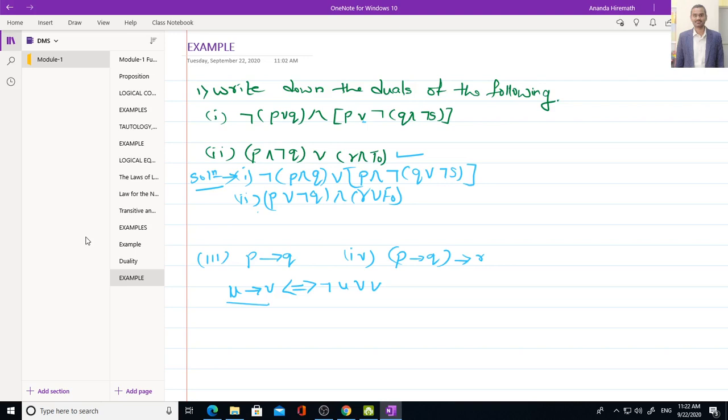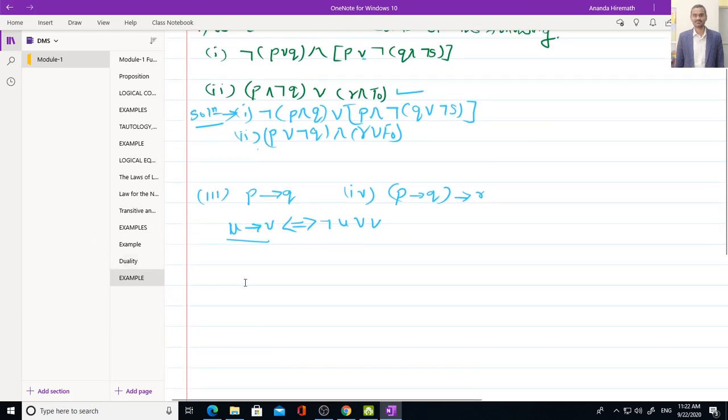First you should convert it to the form not U or V, then you can solve. So let us solve this third example using this concept. Here P conditional Q can be written as not P or Q according to this standard result.